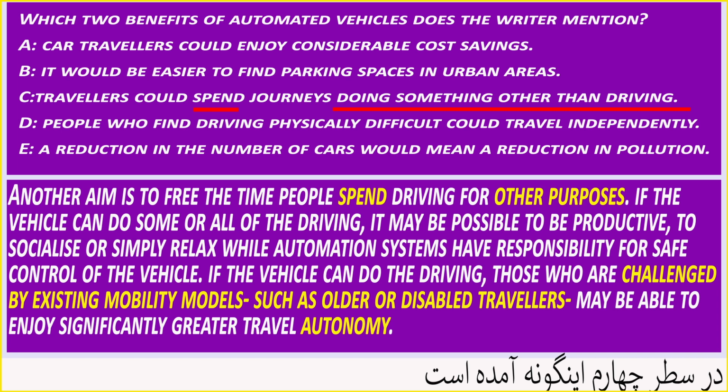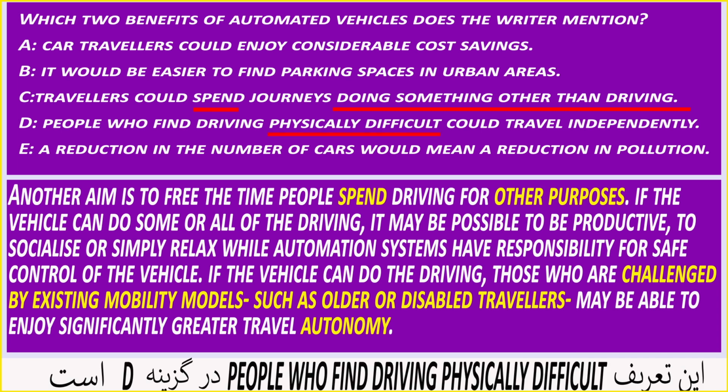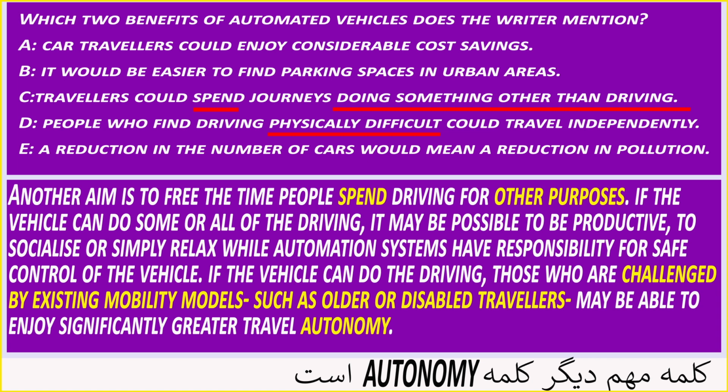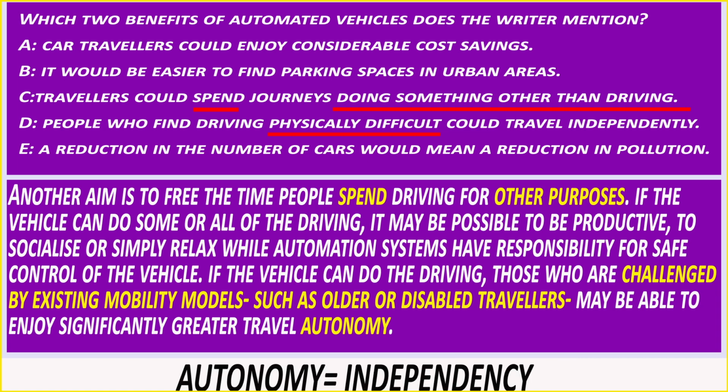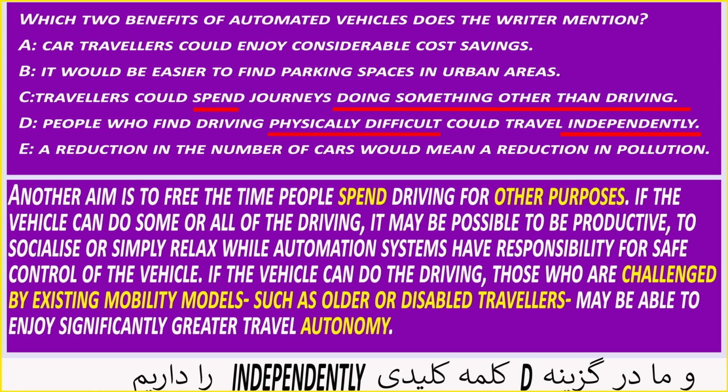In the fourth line we can see "those who are challenged by existing mobility models such as older or disabled travelers." That's the definition of people who find driving physically difficult in option D. Another important word is autonomy. Autonomy means independency, and independently is our keyword in option D.